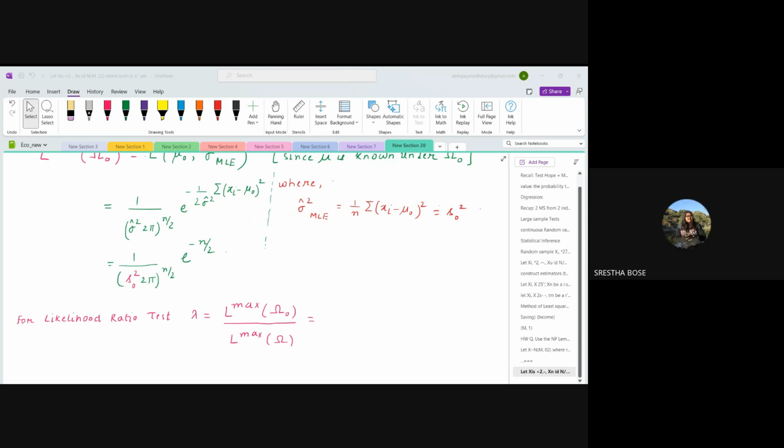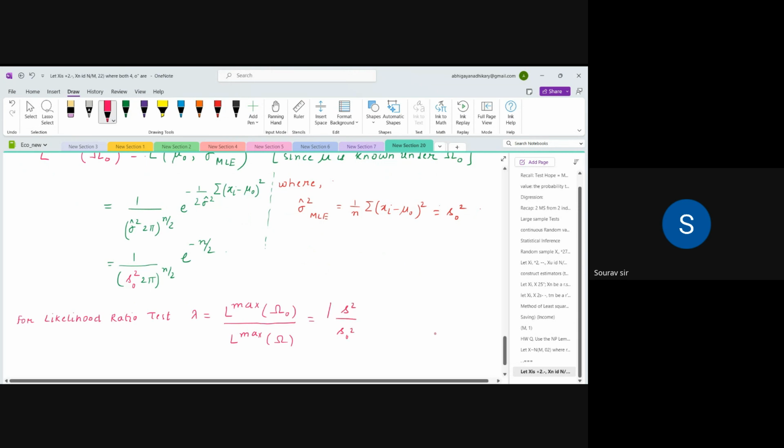Yes, correct. So that will be S square by S naught square to the power n by 2. This is what you're getting.